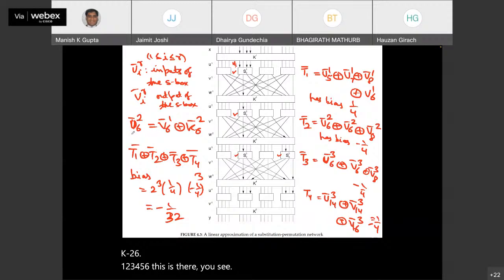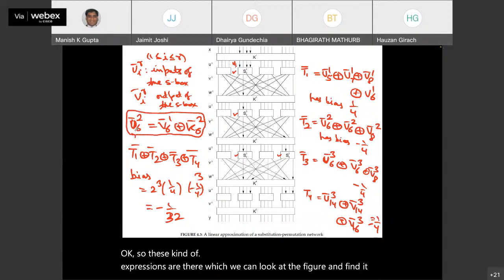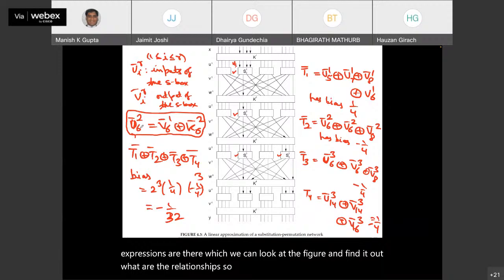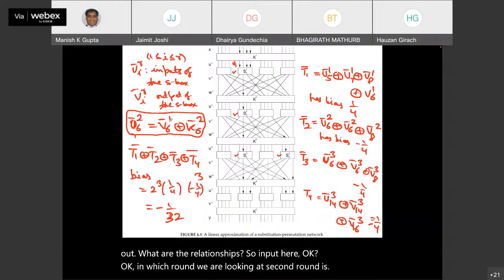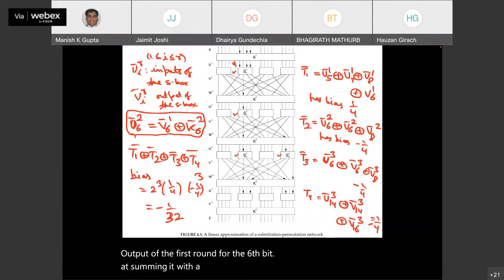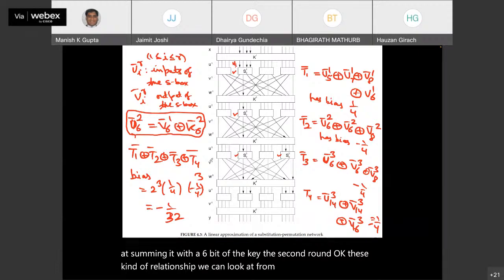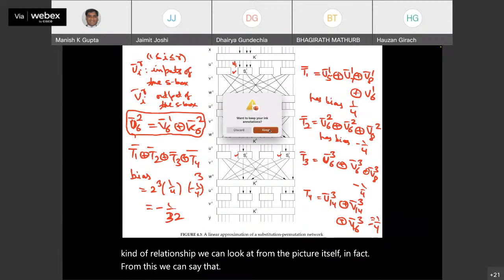So these kinds of expressions are there, which we can look at from the figure to find the relationships. In which round are we looking? The second round input is the output of the first round for the 6th bit, summed with the 6th bit of the key of the second round. This kind of relationship we can read from the picture itself. In fact, from this we can say that... I will need more space here now.